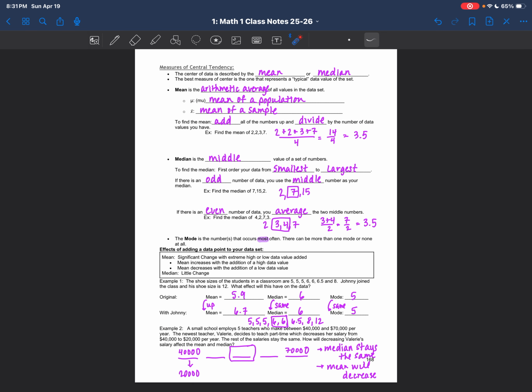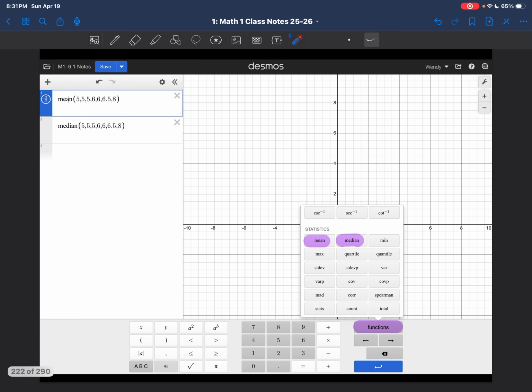Now, another way to look at this is you can actually do this on Desmos. So you can go to functions. Once you hit this box, go to functions down here, and you're going to go to mean. And within there, you're going to enter in all your values. Once you enter in all your values, it'll give you the number that you need.